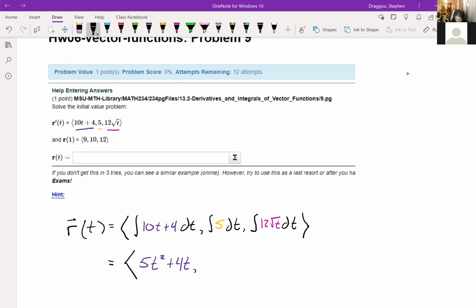So 5t squared plus 4t, we've got 5t here in the middle, and we've got 12 square root of t, that's t to the 1/2. So I think the thing integrates to 8t to the 3/2. And then to that, we're going to need to add a C vector.